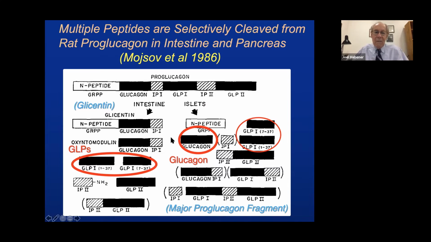This is a somewhat complicated result, but it was done by having developed antisera to the structures of GLP-1 and GLP-2, and then using the antisera to analyze the fractions from high pressure liquid chromatography separation, and we could begin to put together a consistent theme where the primary peptides expressed in the intestine were the glucagon-like peptides, glucagon-like peptide 1 and glucagon-like peptide 2.